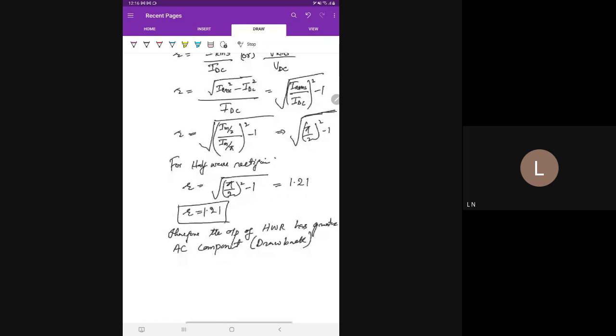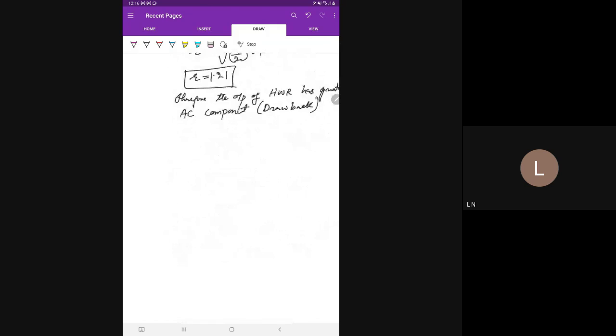Now the next parameter is input power, which is P of I. What is input power?